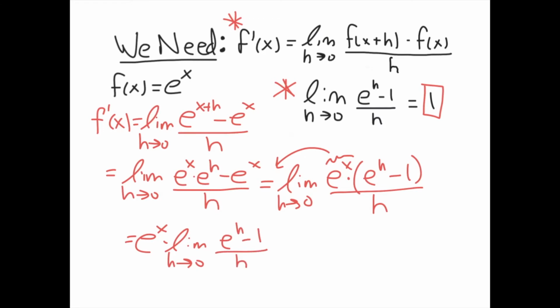So then all I need to do is recognize this limit as what I mentioned back here. Okay, so that limit is 1, which means we get e to the x times 1, which is, of course, just e to the x.